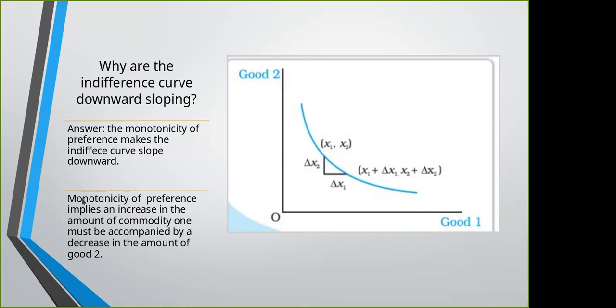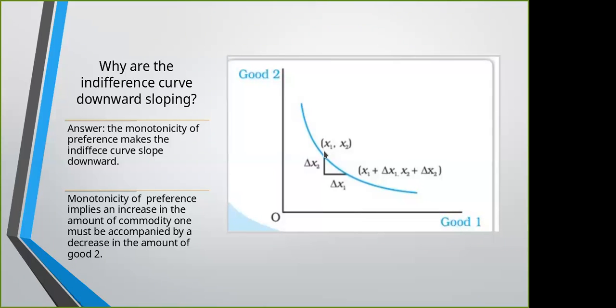That means, if you see here, monotonicity of preference implies that an increase in the amount of one commodity must be accompanied by a decrease in the amount of another commodity. So suppose here we are moving from this point to this point. This means we are increasing the quantity of good 1, because the quantity of good 1 has increased from here to here.